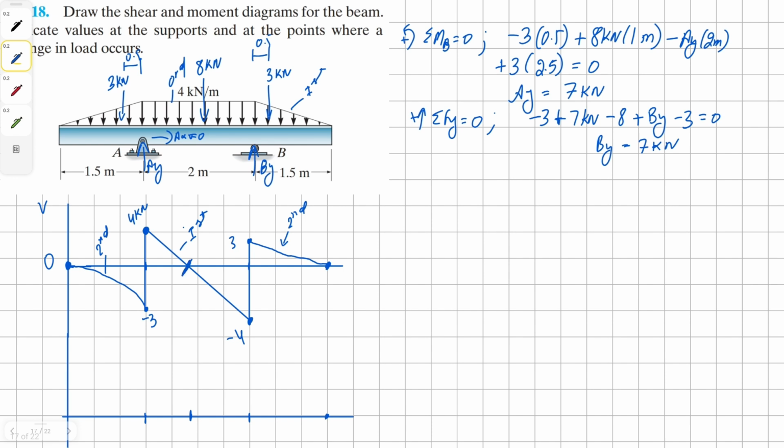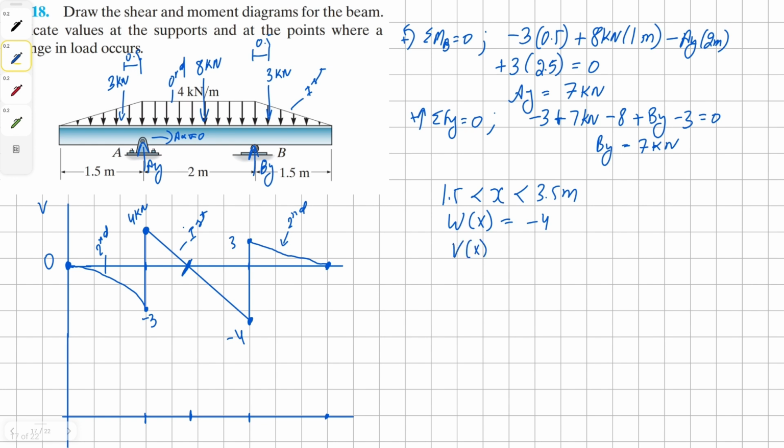To do that, we can use our equations. Our equation for this area, which is between 1.5 meters and 3.5 meters, our load equation is going to be simply -4.